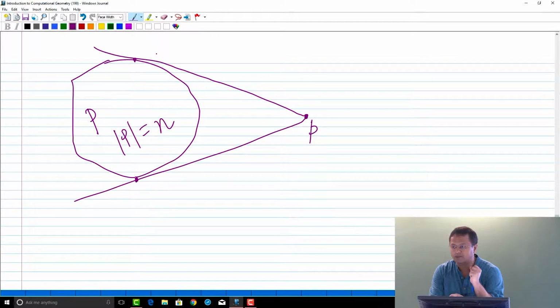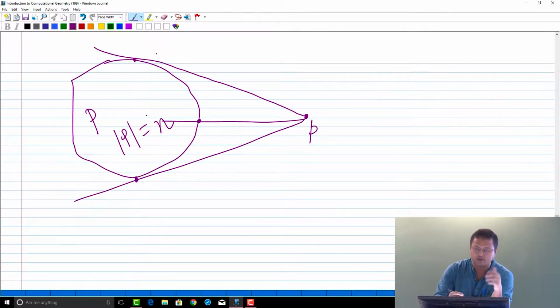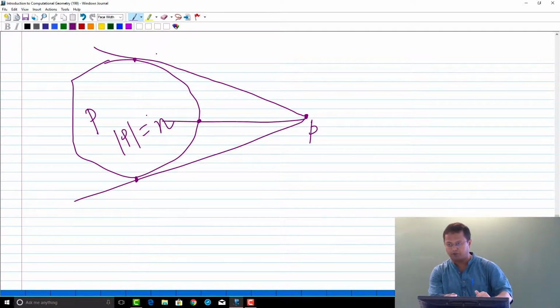What is your hunch? How much time would you take to compute such tangents? So, essentially, for any point in here, if you draw this line, there would be some point above, some point below, but these 2 points have a specific nature that all points lie on one side.